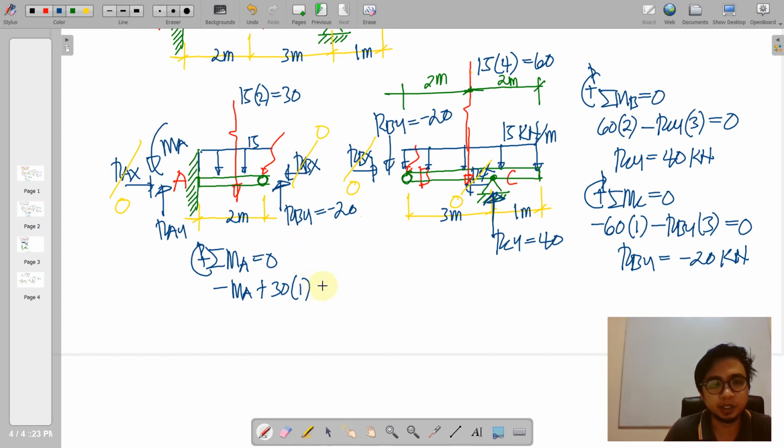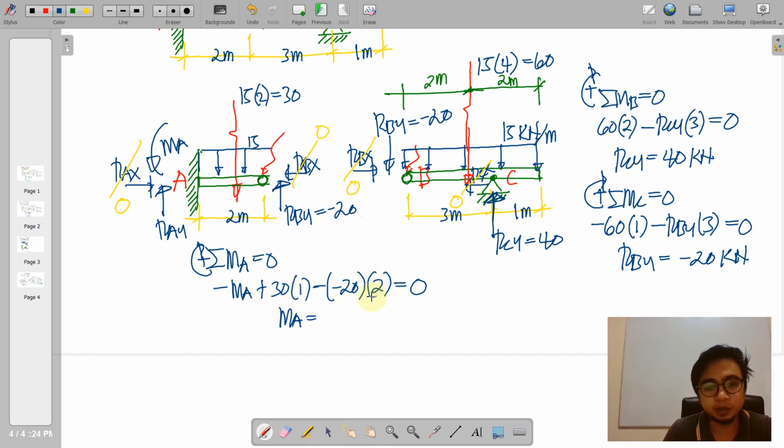So we denote that by negative. Okay, but carry the sign of your RBY. So the moment arm is 2 meters, and this will now be equal to 0. So finally, we transpose this MA to the other side, becomes positive, and then we just sum up this one.